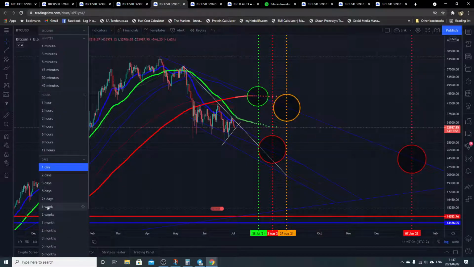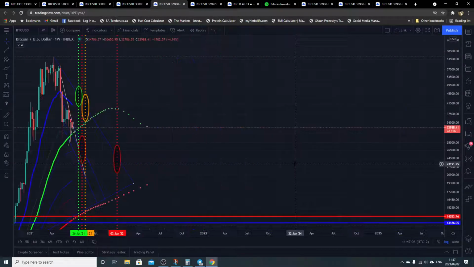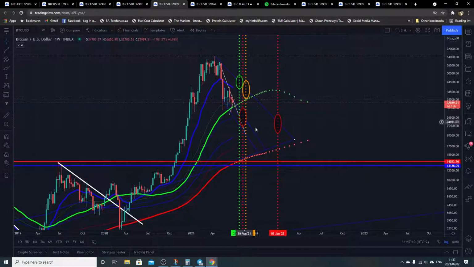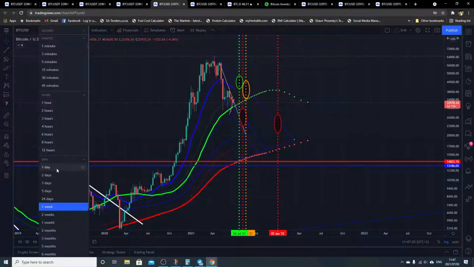If you go to the weekly, we're not quite there yet. We're not even below the 50 MA. So on the weekly, we are still bullish. On the daily, it's bearish.